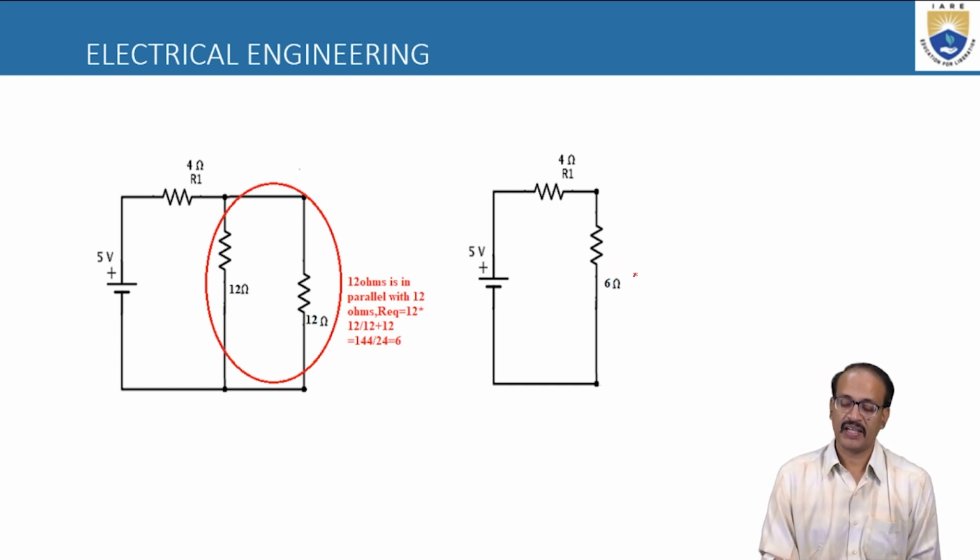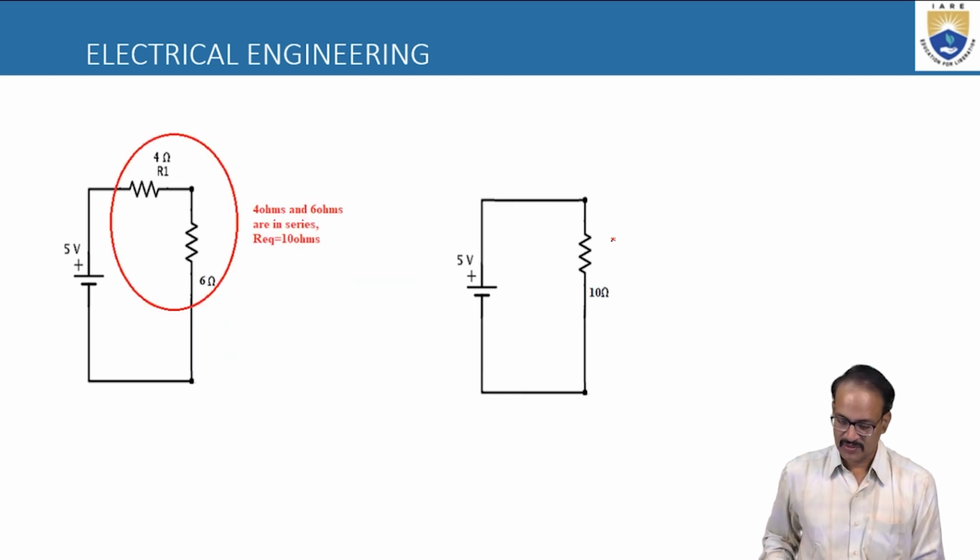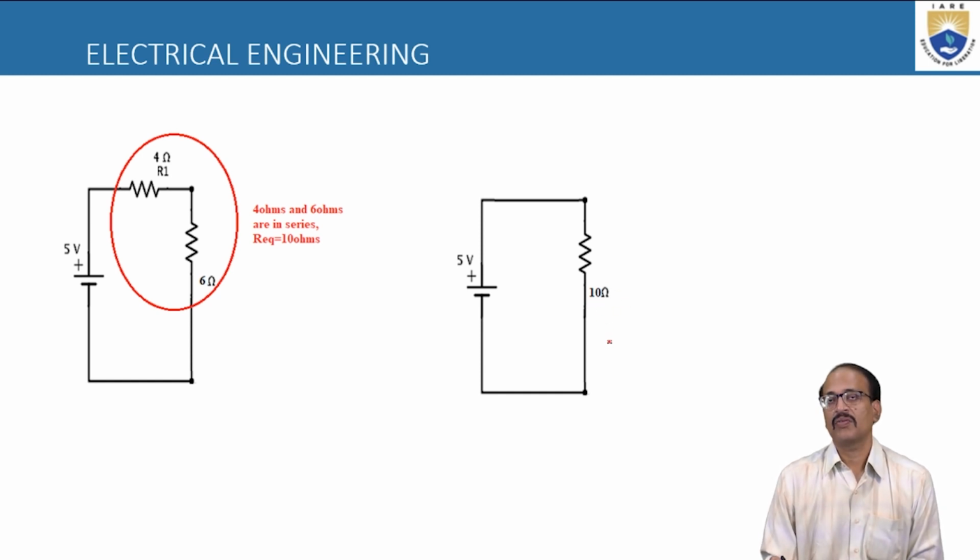The newly formed 6 ohm is again in series with the 4 ohm. If they are in series, we have to add, so that is 10 ohm resistance. So now the R equivalent is 10 ohm resistance.